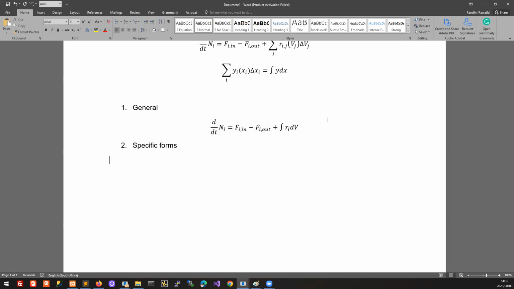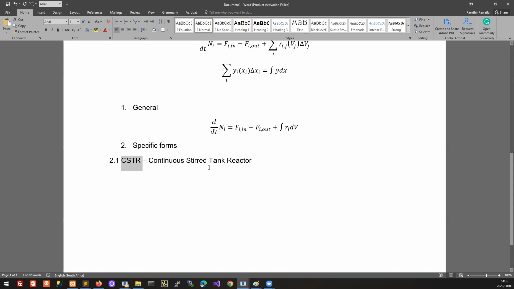So the first one we'll look at, of course, is the CSTR, the continuous stirred tank reactor. And this is a common question that I ask in MCQ type questions: does CSTR mean continuously stirred, or is it something else?